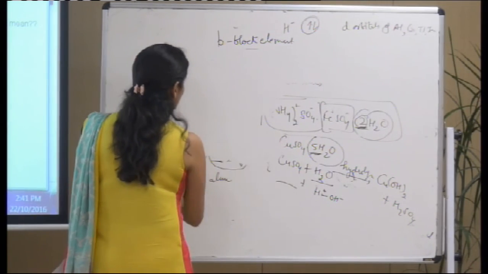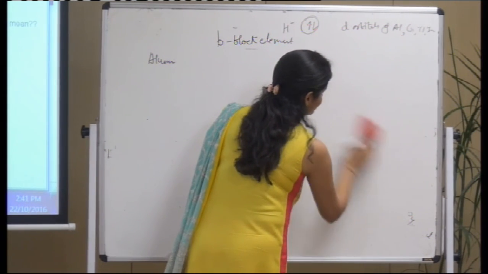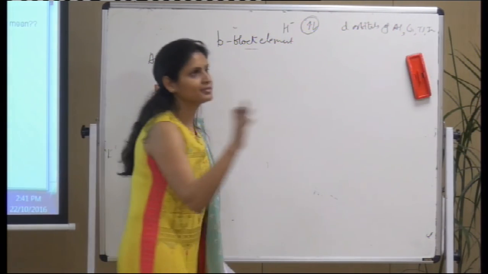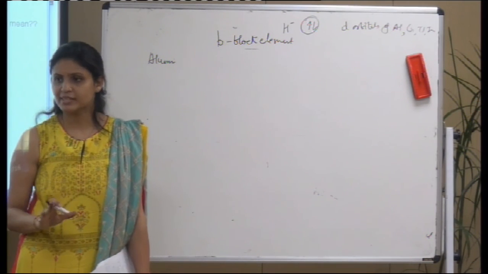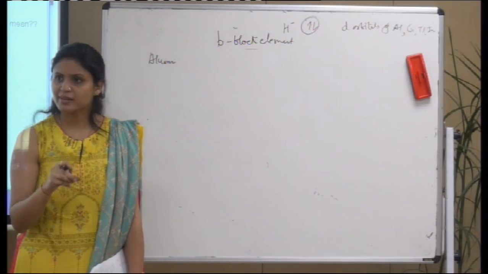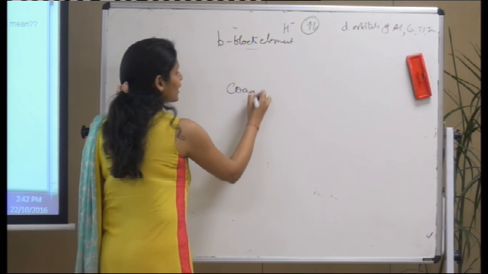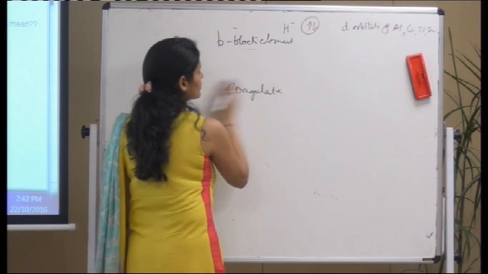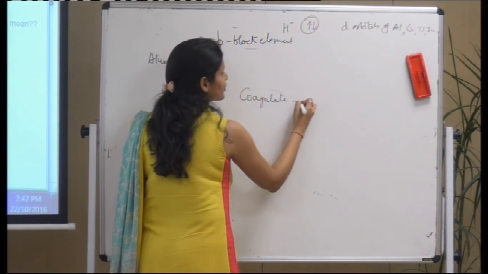So what is the role of Fitkari in your house? Suppose I have some water which is very dirty. If I put Fitkari into it, it will get clean because it will coagulate, right? Coagulate the impurities.